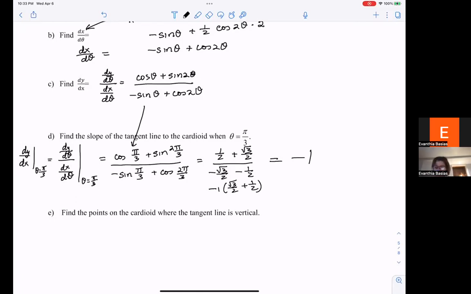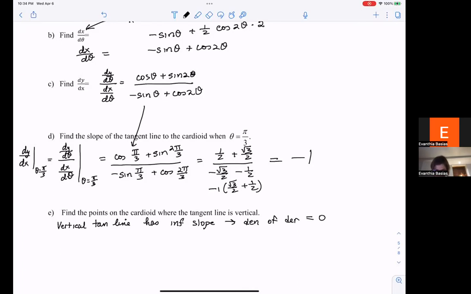So to find out where the tangent line is vertical or horizontal, in this case, when the tangent line is vertical, a vertical tangent line has an infinite slope, which implies that the denominator of the derivative must equal 0.